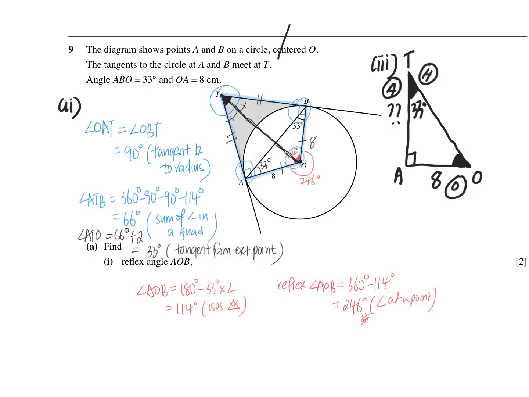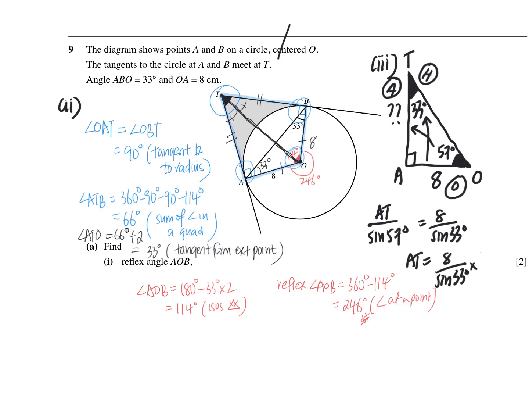So this one is what? 57. So this one matches with this. If you prefer sine rule, use sine rule, it's okay. Then this one matches with this. So AT is just this thing times sine 57.